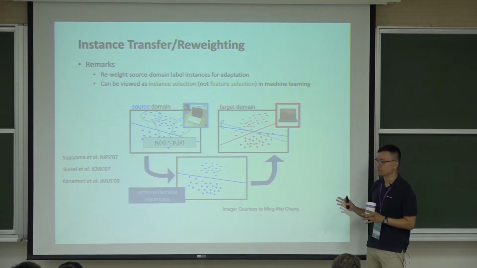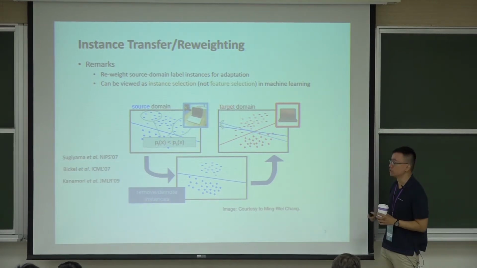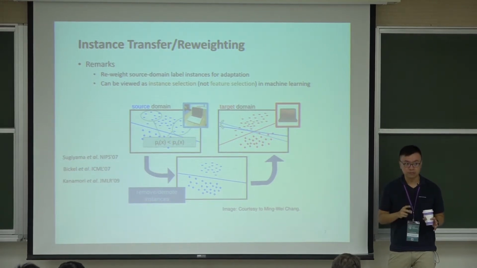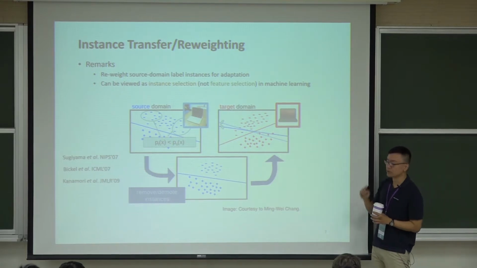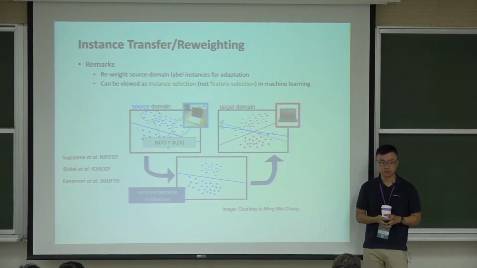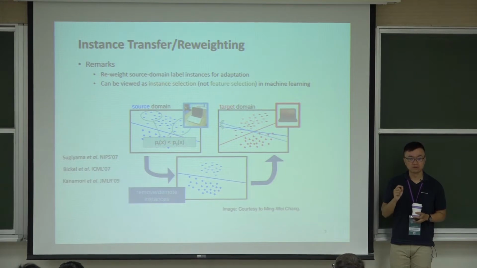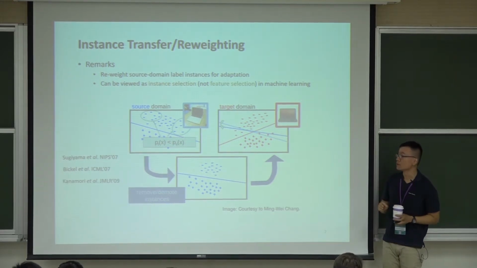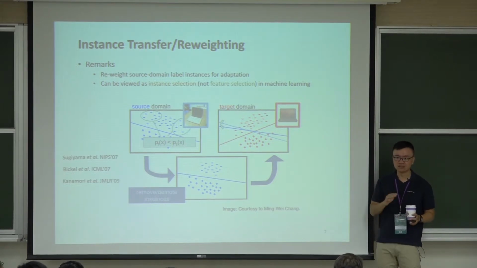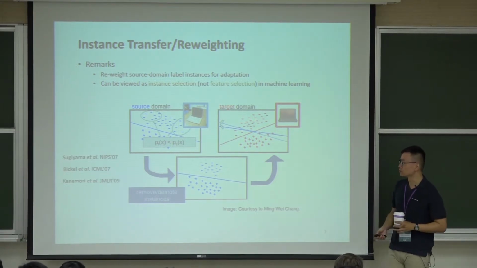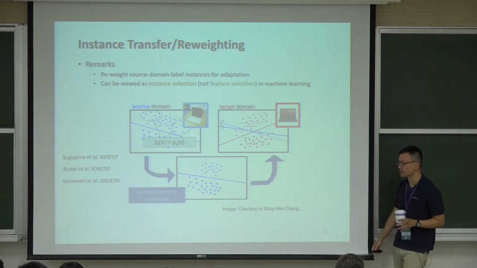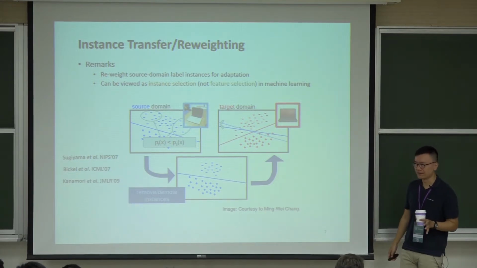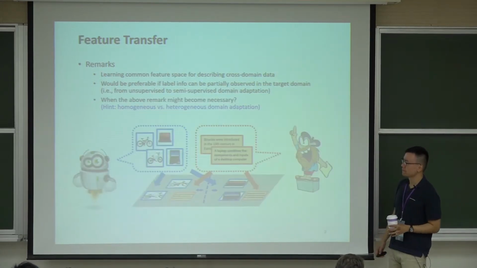So when you need to look into instance transfer in the future, you should remember there are two different possible solutions. You can do data selection, or you can do data reweighting, depending on which kind of method is easier or which setting makes much more sense to you.